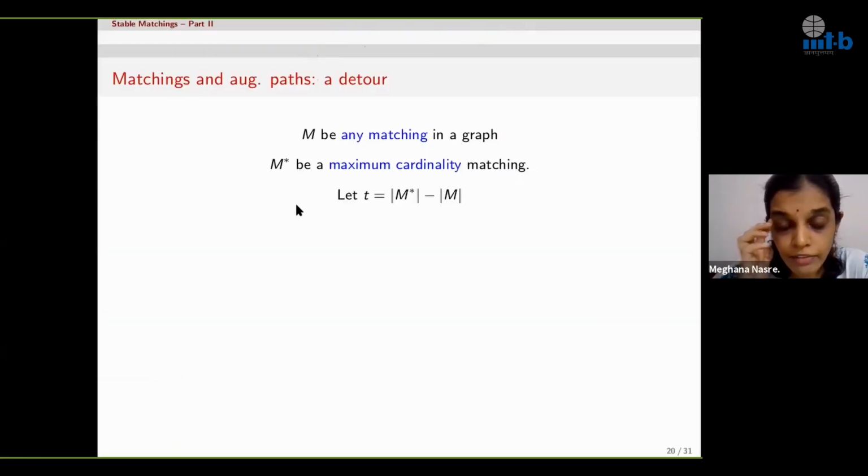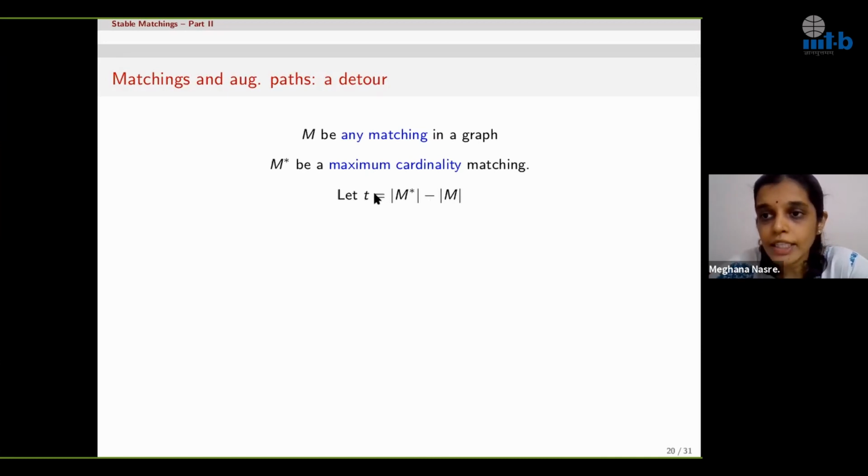Okay, so now that we know that the symmetric difference has a particular structure, and if M and M star are far apart by T in size, that is, T is the difference in size of M star and M. Remember, M star is a maximum matching, so the size of M star is greater than or equal to the size of M. In particular, if M is also a maximum matching, T can be 0. But in general, T is a positive integer if M is any arbitrary matching.